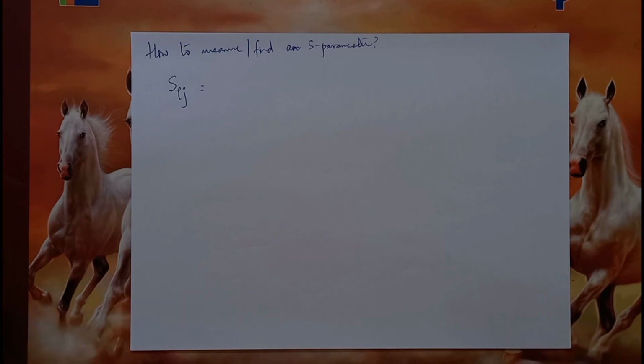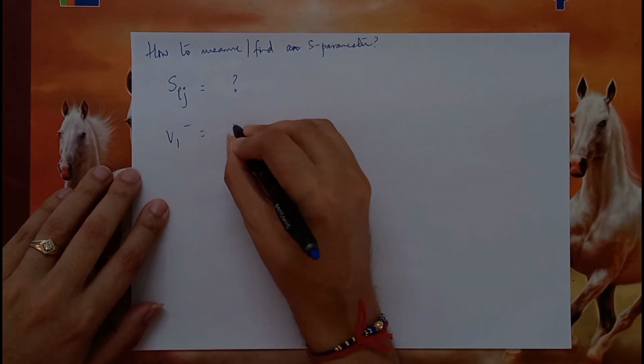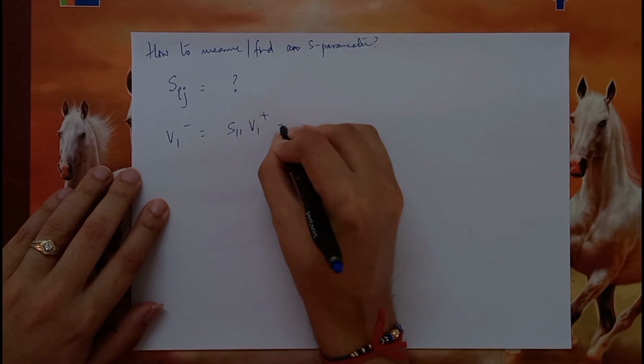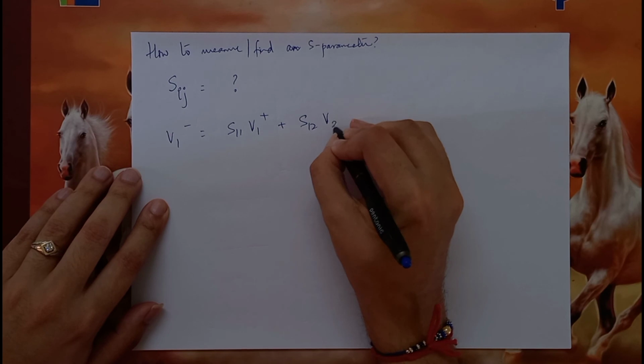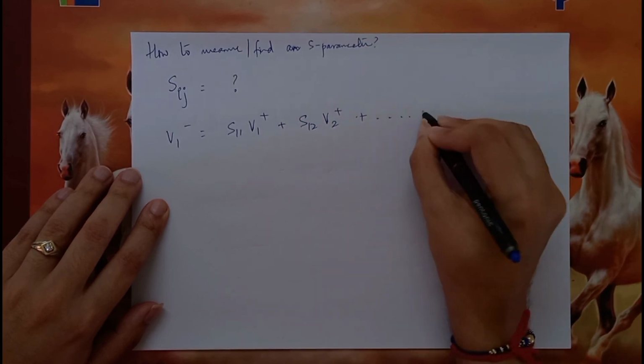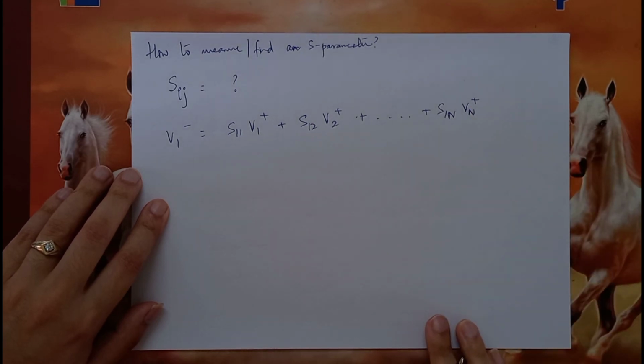So if I write V1 minus, that will be equal to S11 times V1 plus, plus S12 times V2 plus, all the way up to S1n Vn plus.